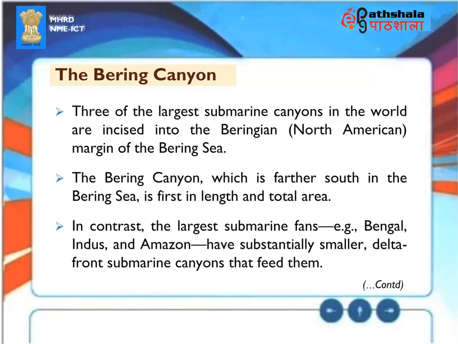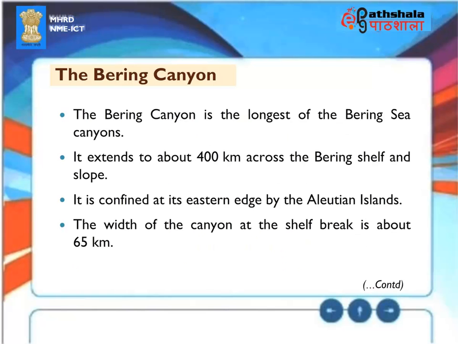The Bering Canyon, which is farther south in the Bering Sea, is first in length and total area. In contrast, the largest submarine fans, for example Bengal, Indus and Amazon, have substantially smaller delta front submarine canyons that feed them.